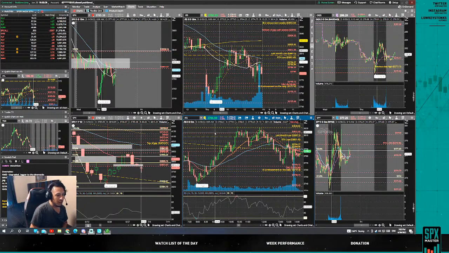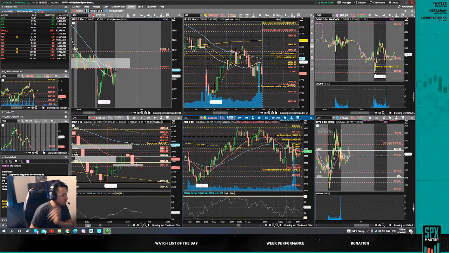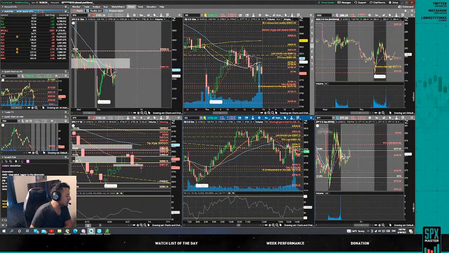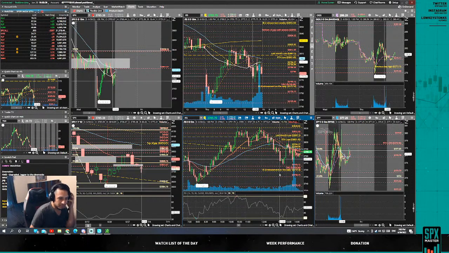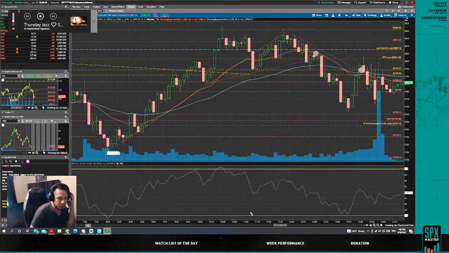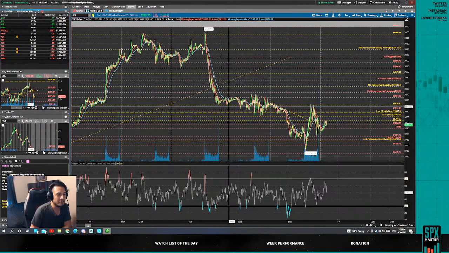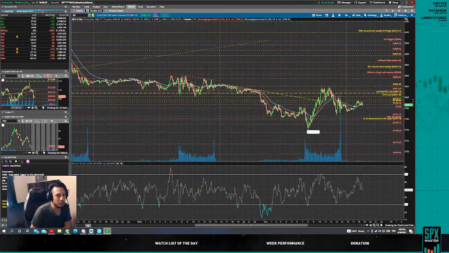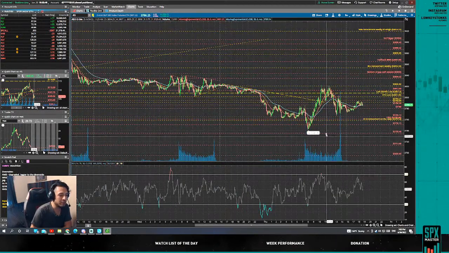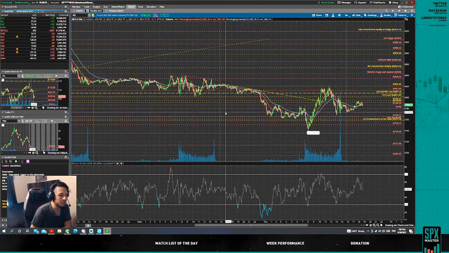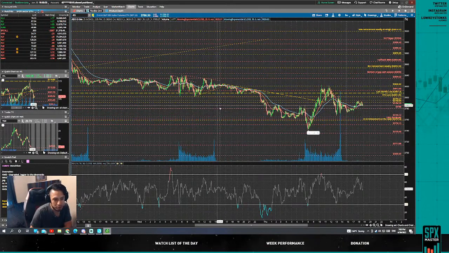So, this is the battleground that I've been having for a little while now. This is my futures chart from the last charting session that we had. With the levels that we had on the weekly, they've been changing. I've been adding levels, and we're gonna do as usual.